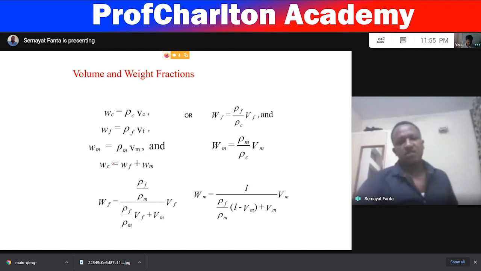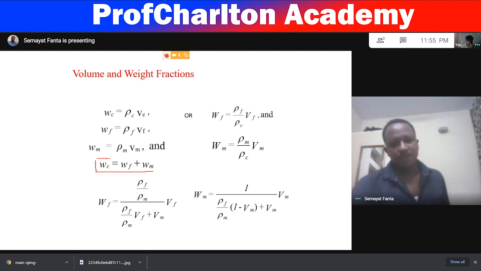So the total weight of composite is equal to the weight of fiber plus the weight of matrix. So we can rearrange and get weight of fiber in terms of density of fiber and the matrix in terms of its density. So this is the weight of fiber, this is weight of matrix.